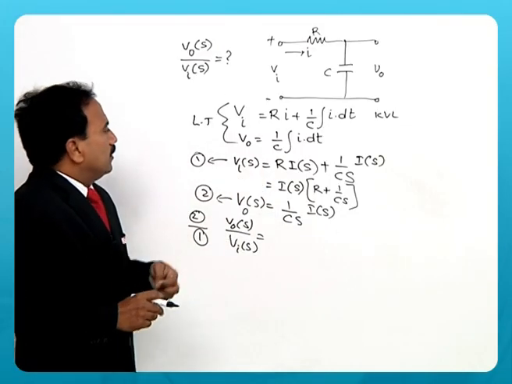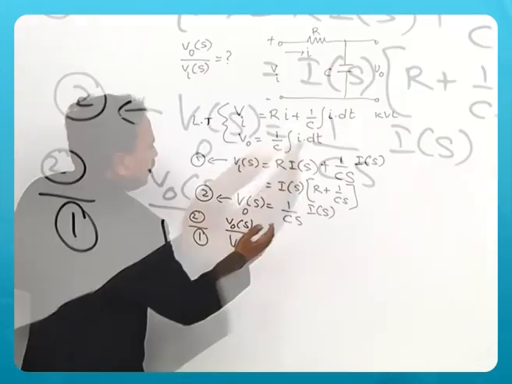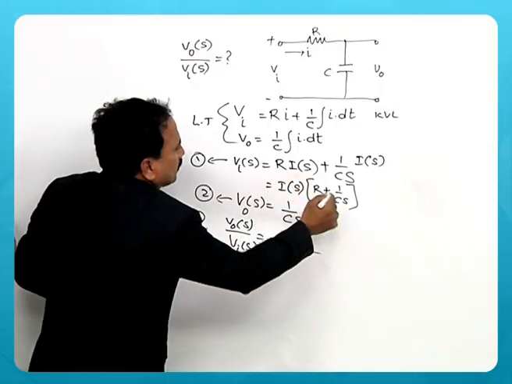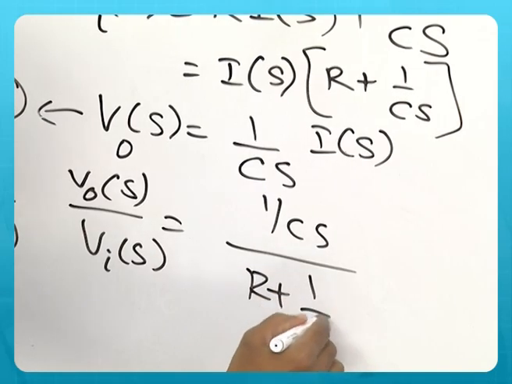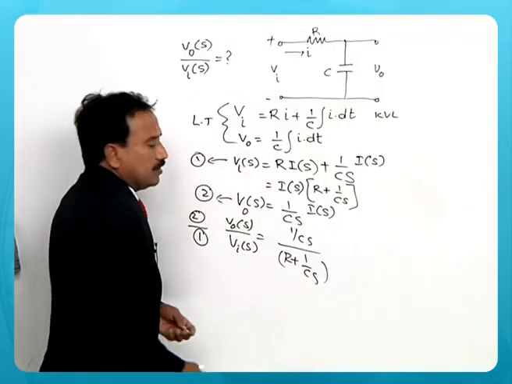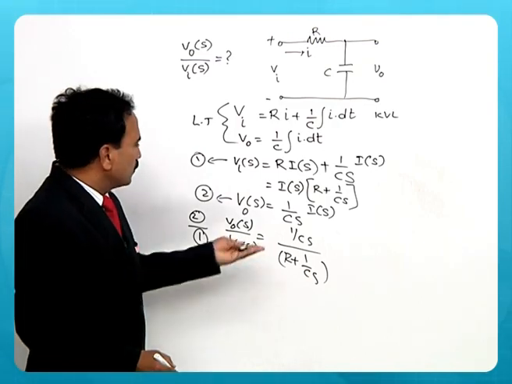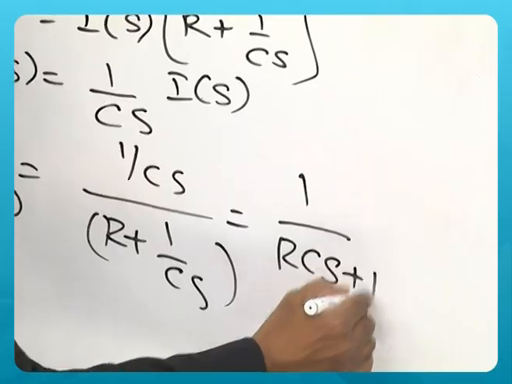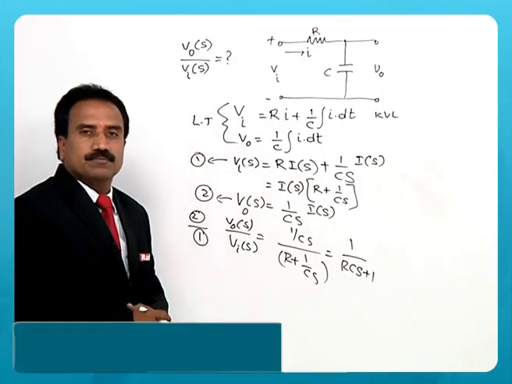So you get 1 by Cs divided by R plus 1 by Cs. You can simplify that, and it gives 1 by RCs plus 1. This is the transfer function.